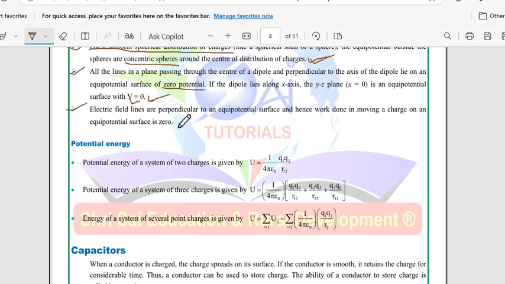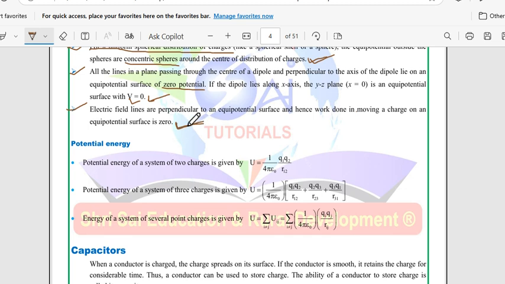In the previous property, I told you that whatever lines pass through the equipotential surface perpendicular to the dipole axis, the potential will be 0, because the dipole lies along one direction and the other two directions are negligible. Then it is an equipotential surface with potential 0. So if the potential is 0, then the work done in moving a charge on an equipotential surface is also 0. Am I right or not?